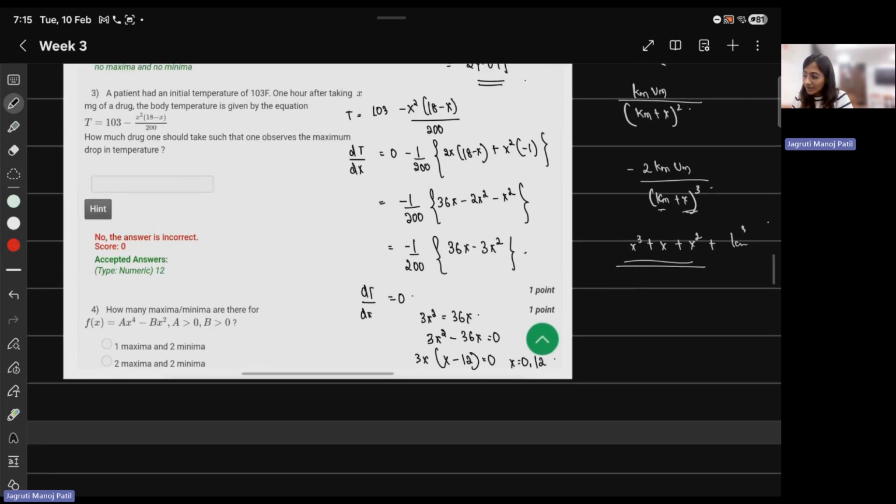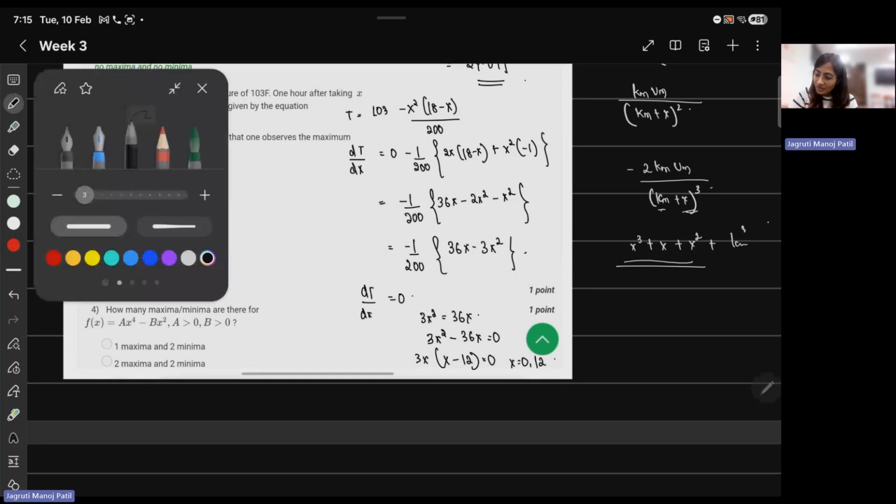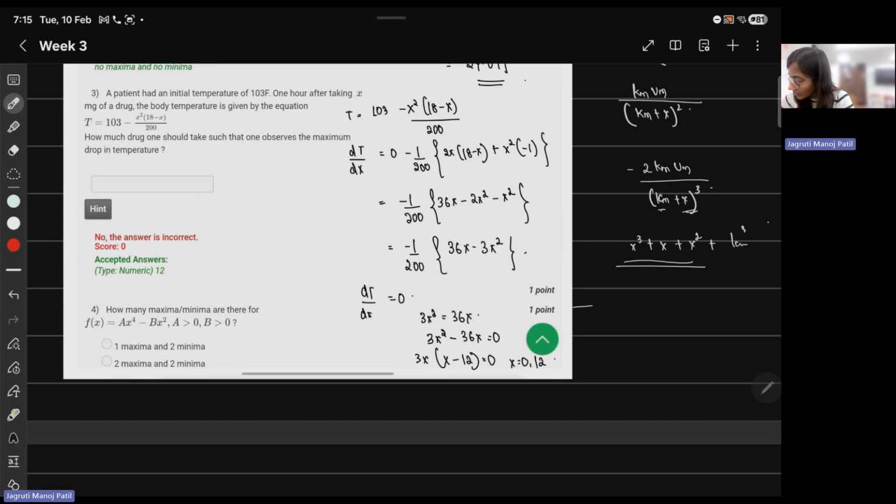Now you want to evaluate d square t by dx square, and see what its value is. We want to see the maxima there. So we'll just do the expansion on this one particular side. We do d square t by dx square.